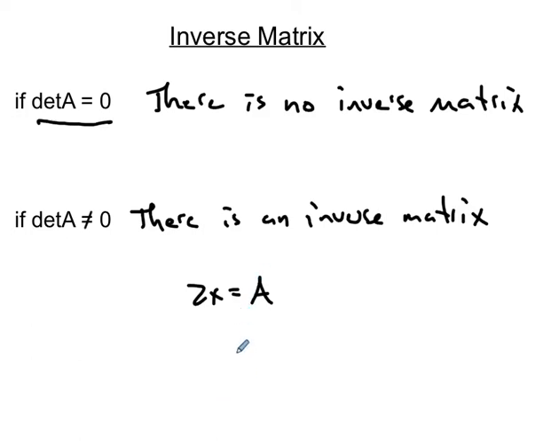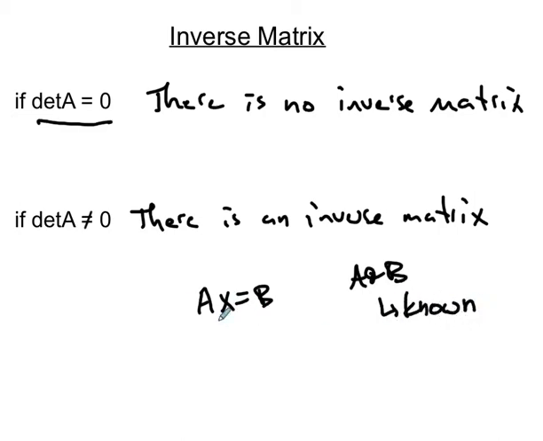So what we have to do is multiply by what's called the inverse. So let's say then that I have A times X is equal to B, where A and B are known matrices. So they're both known, and we want to solve for what X is.